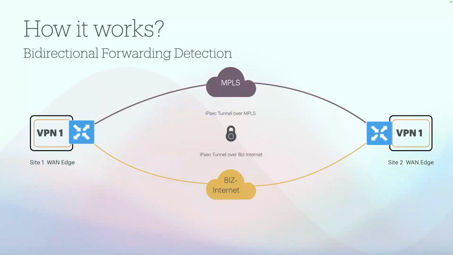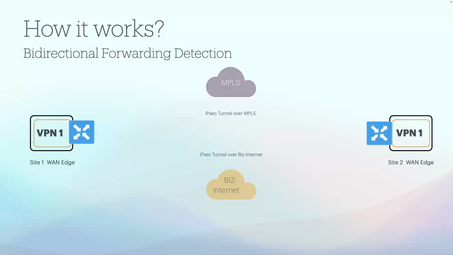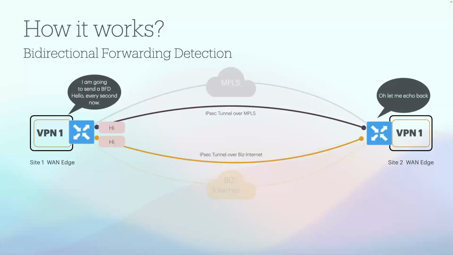Here, we have two sites, each having two transports, MPLS and Biz Internet. Using these transports, and OMP information received from the controllers, these routers form IPsec tunnels with each other. Over these IPsec tunnels, each WAN edge exchanges BFD packets, and the other side replies back immediately without processing heavily.